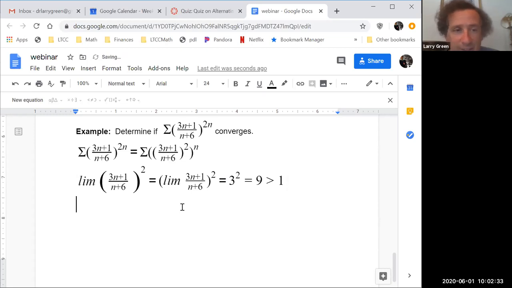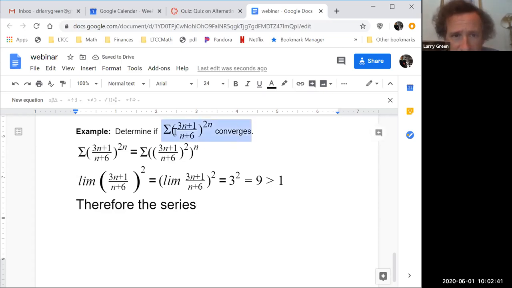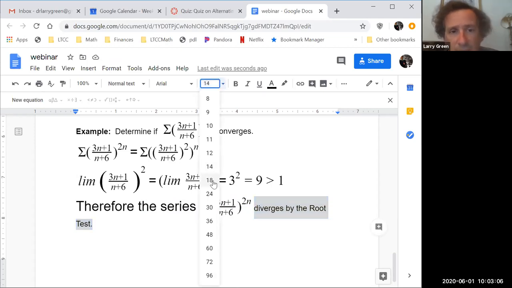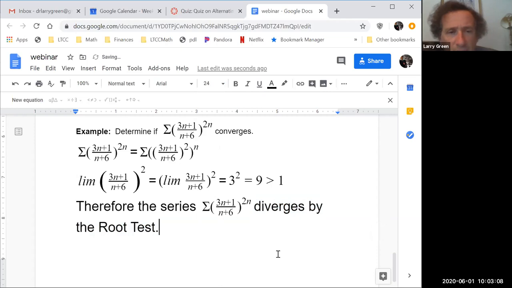Therefore the series diverges by the root test. Any questions on this example of showing one that diverges?